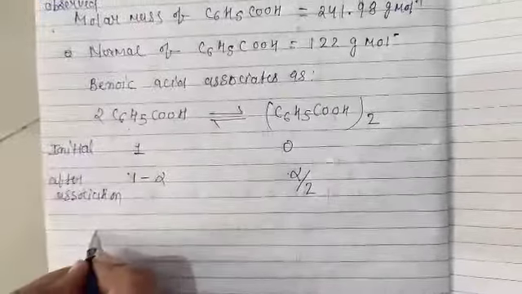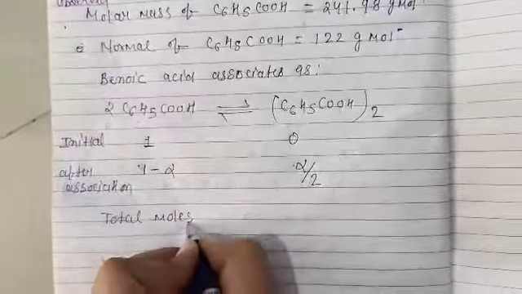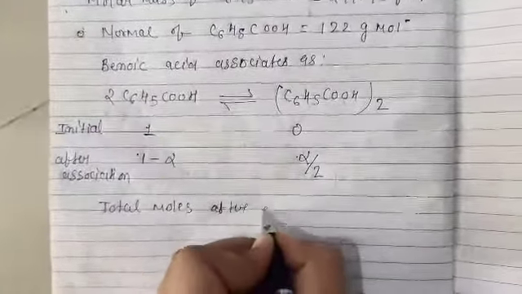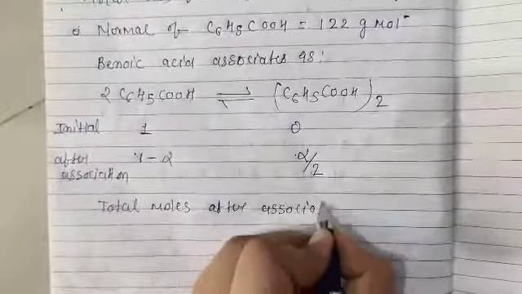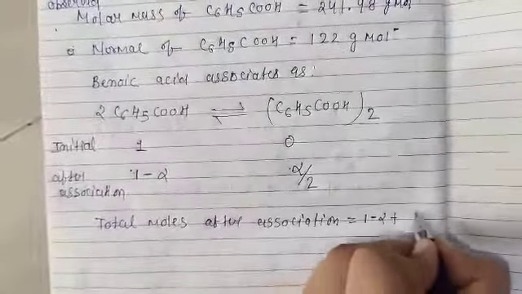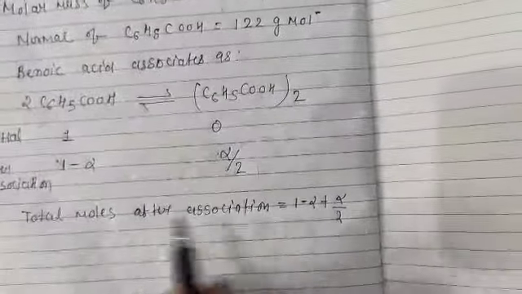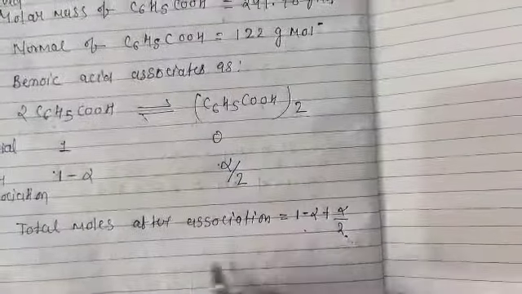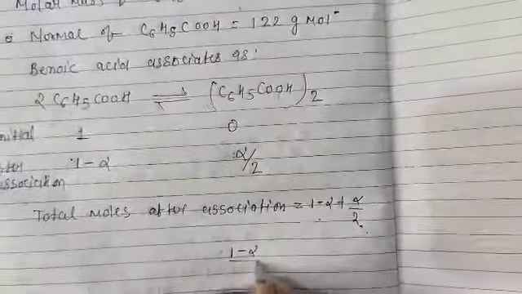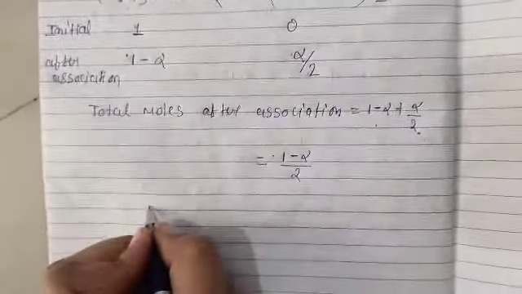Now total moles after association will be equal to 1 minus alpha plus alpha by 2. So if a dimer is formed, that simply gives the value 1 minus alpha by 2. Now what is the van't Hoff factor here?